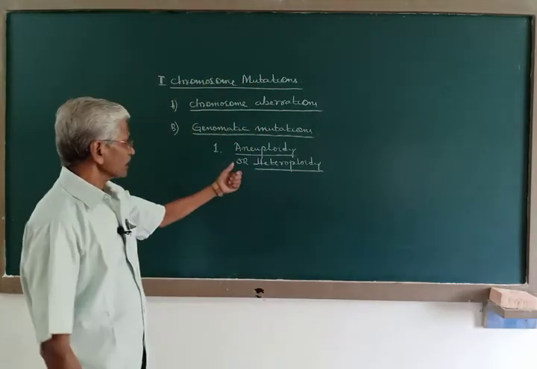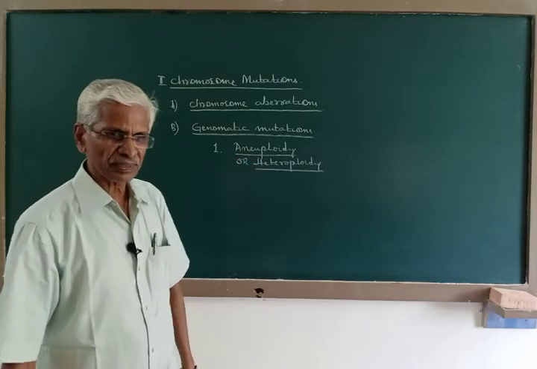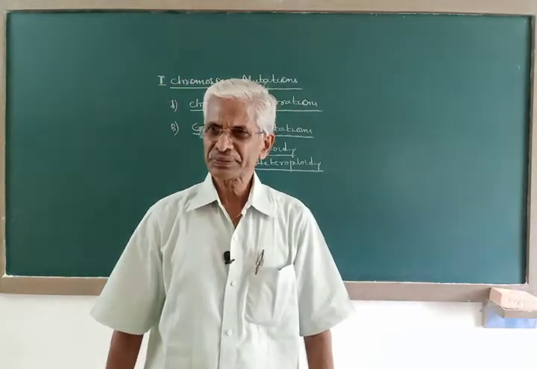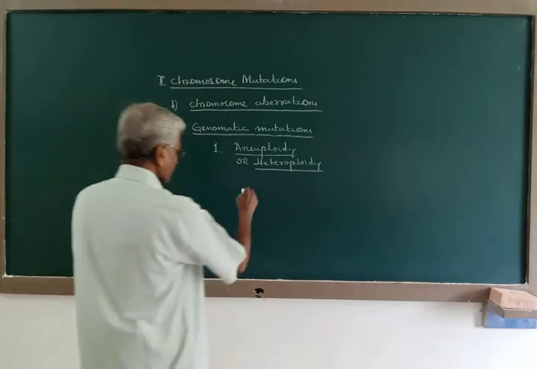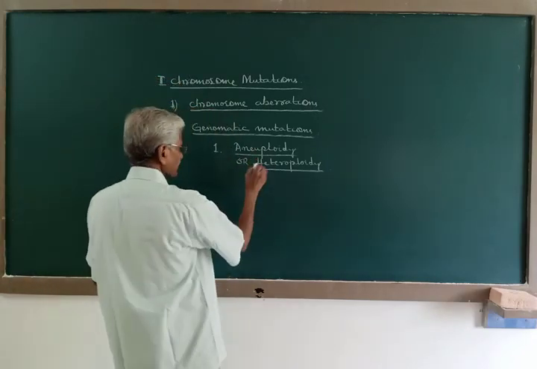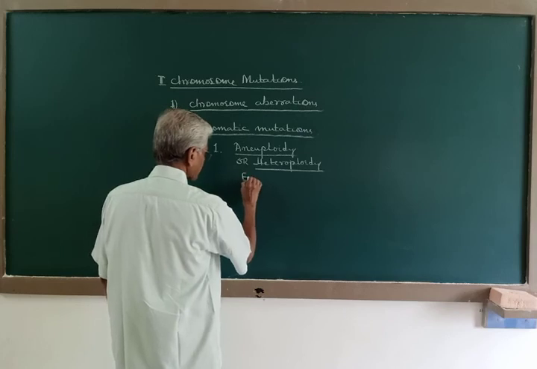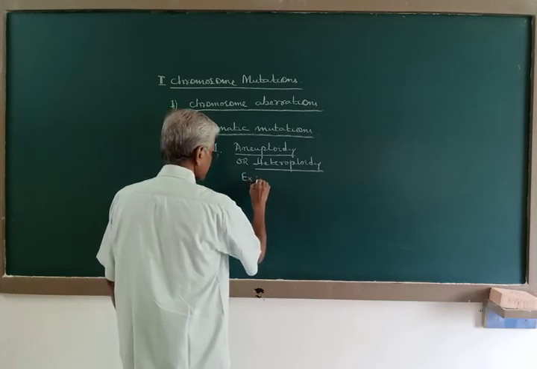This is how aneuploidy or heteroploidy occurs. Now, the examples for aneuploidy or heteroploidy are the following.